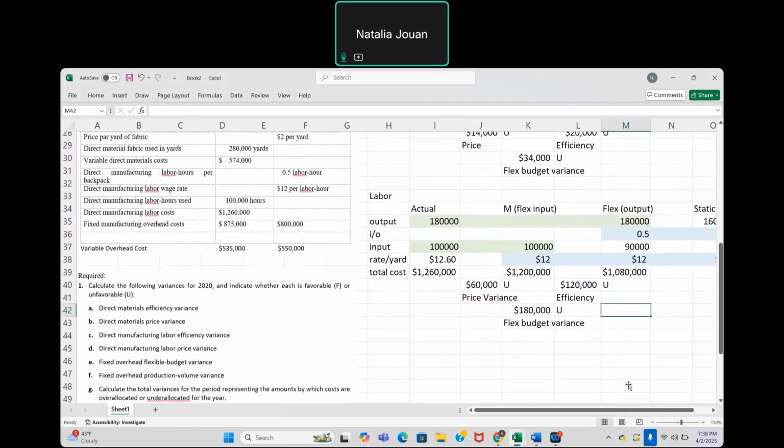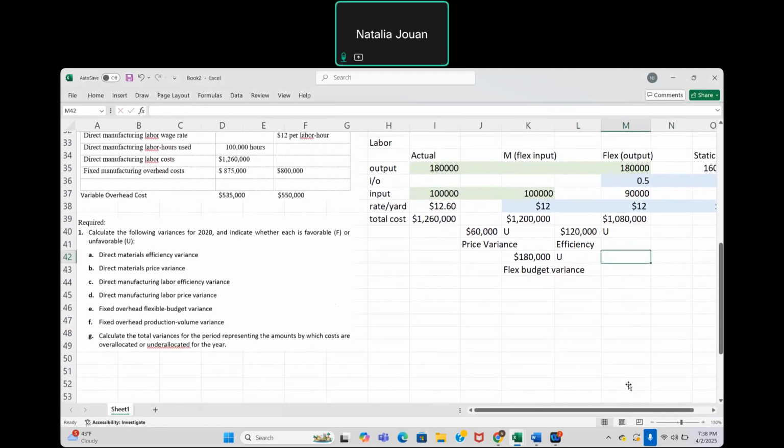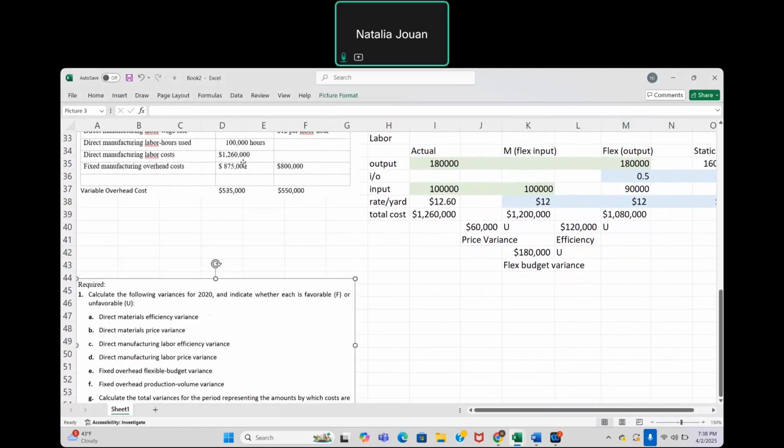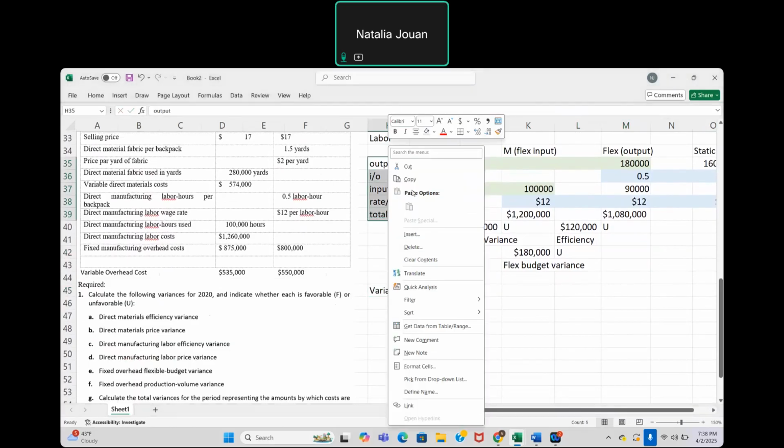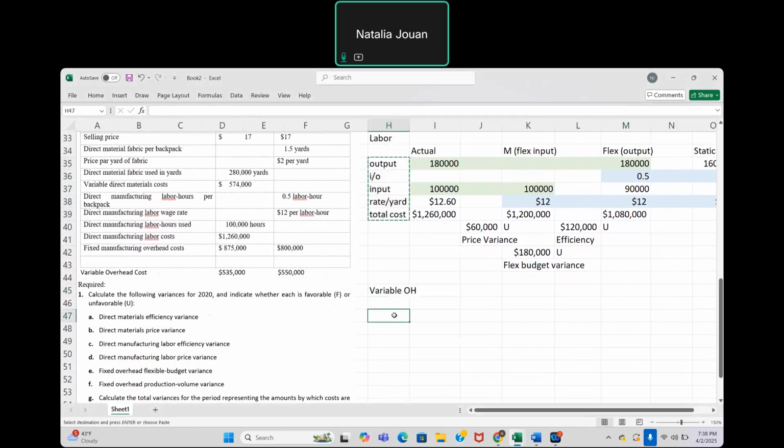Let's move on to the variable. Yes, write this down. Variable overhead. And here's our information. So it's the same chart. Variable overhead. We're going to have the output, cost, all these rows. What's the driver here? Okay.